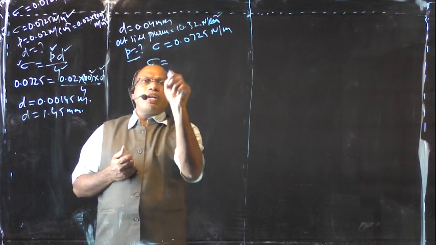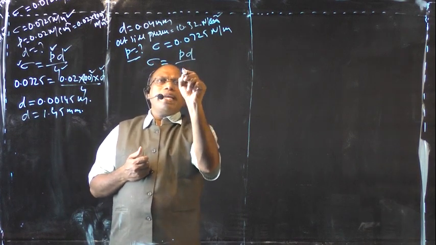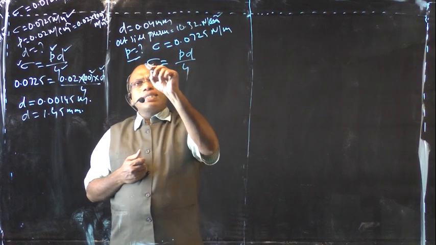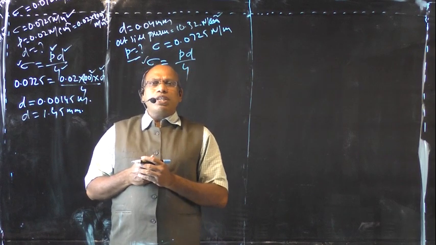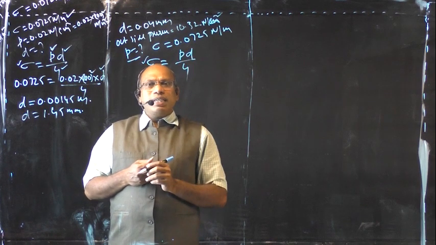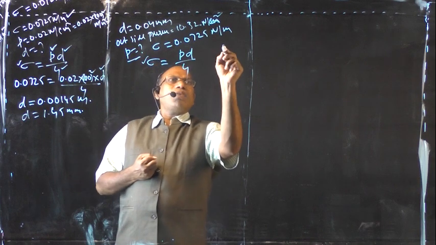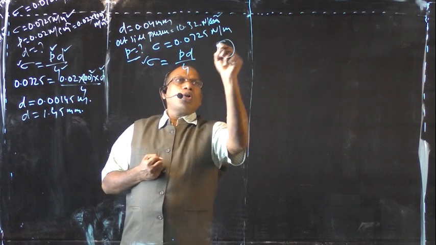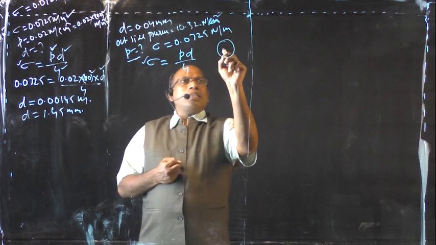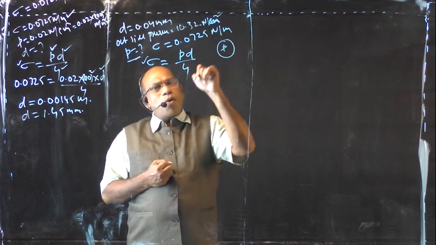Surface tension equal to P D by 4. Sigma is the surface tension in Newton per meter. P is the pressure intensity. Suppose this is the water droplet, the pressure intensity means that in excess of the outside pressure.